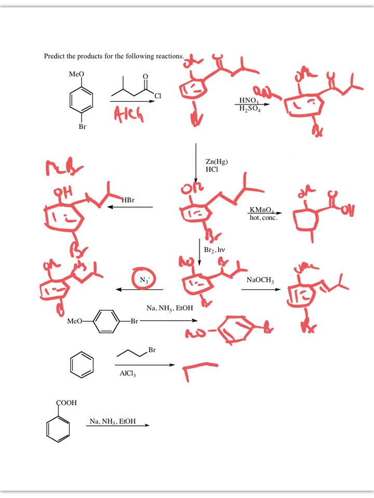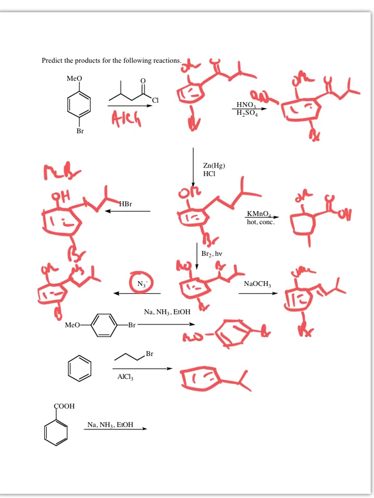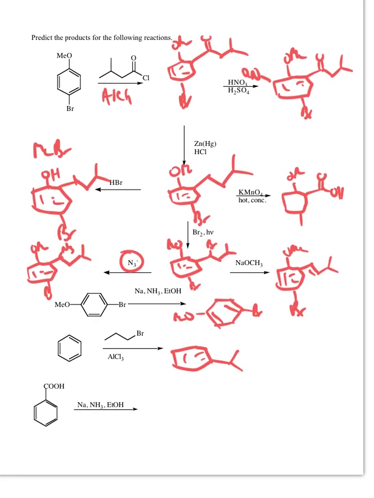The next one is going to make the isopropyl, because you'll have the rearrangement. The bottom one here, we have the electron withdrawing group of the carboxylic acid, so we'd get that for our Birch reduction.